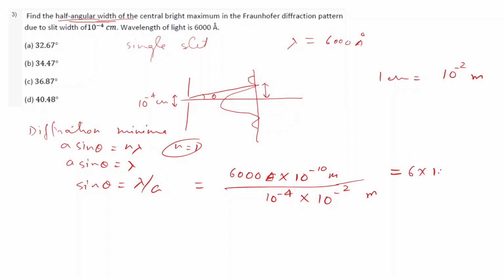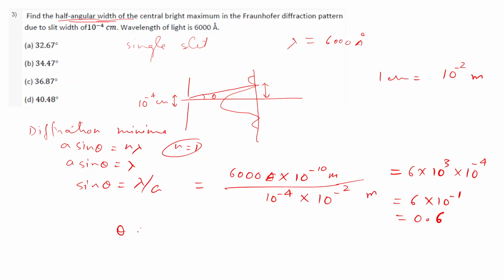So the final answer will be 6 times 10 to the power 3, and 10 to the power minus 10 plus 4 plus 2. This will be 10 to the power minus 6, and 6 minus 10 is minus 4. That will be 6 times 10 to the power 3 minus 4, which is minus 1, means 0.6.